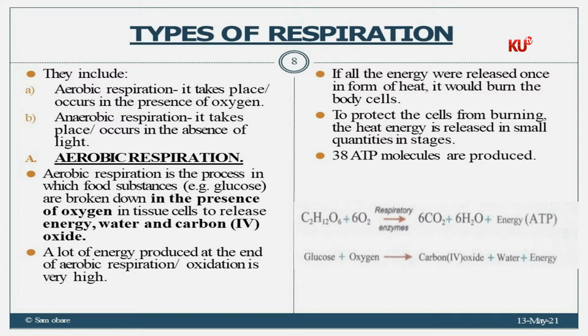As I already stated, the energy is released in form of heat, and it is released in bits periodically to avoid burning the cells. So that is the first type of respiration, called aerobic respiration. It occurs in the presence of oxygen and the food substance is completely broken down into energy, carbon dioxide, and water.